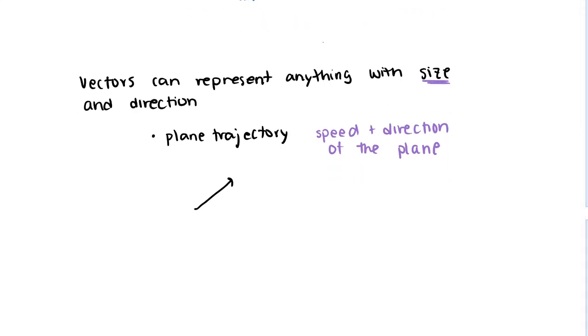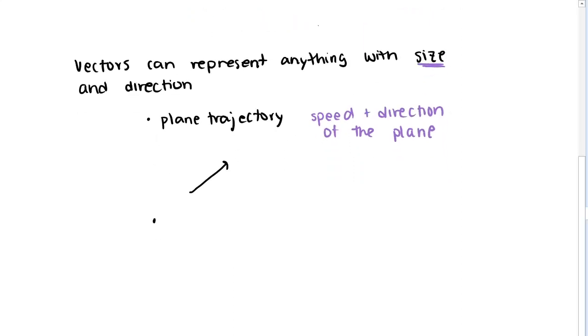Another thing that vectors are used to represent is the idea of force. The intensity or the magnitude of the force will be denoted by the size of the vector, the length of the vector, how hard you're pushing an object, and the direction of the vector is the direction of the force.